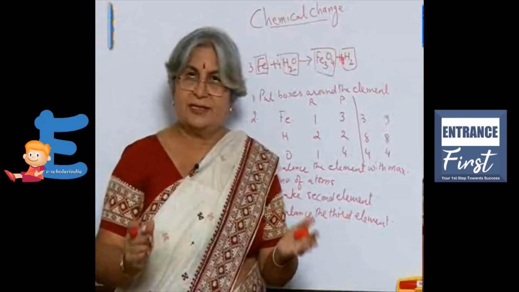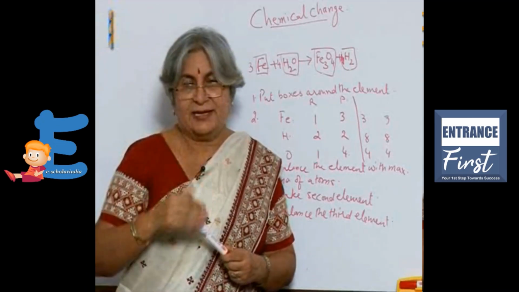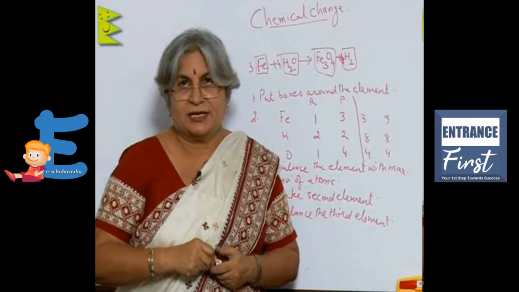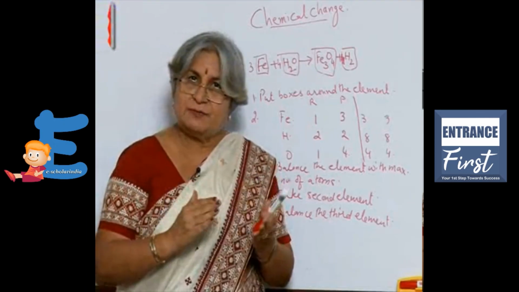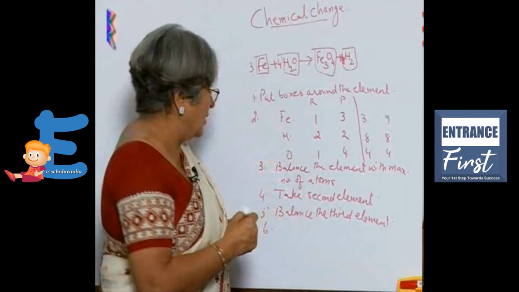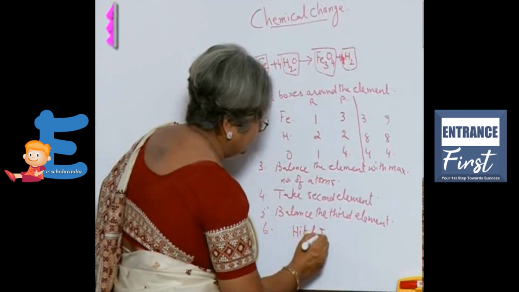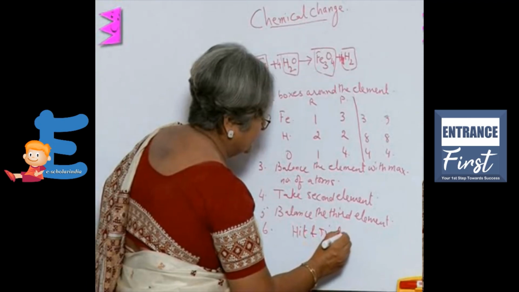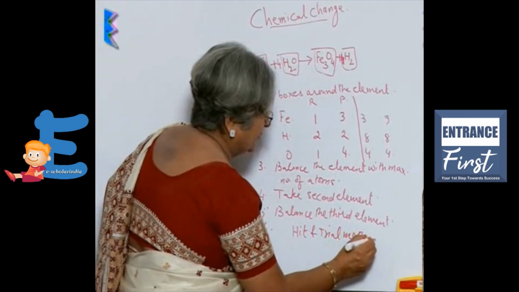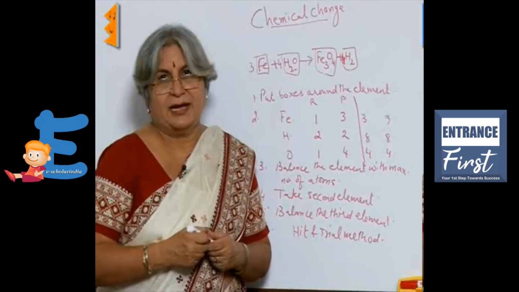So the equation is balanced. So if we move like this, then we will be able to balance the equation. Now as in this method we try again and again, this is called the hit and trial method. So by this method, we can balance the equation.